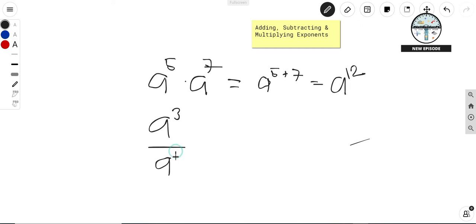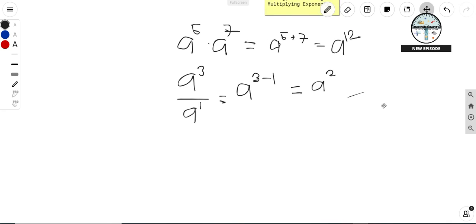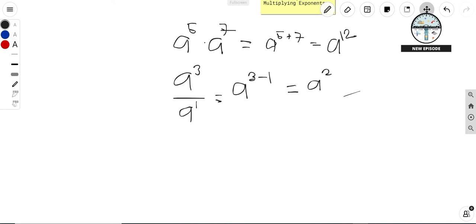I'm just going to put a 1 here because there's always an invisible 1 when you see a base with no exponent. The only thing we're going to do is subtract the exponents. So 3 minus 1 is equal to 2, so it is equal to a raised to 2.